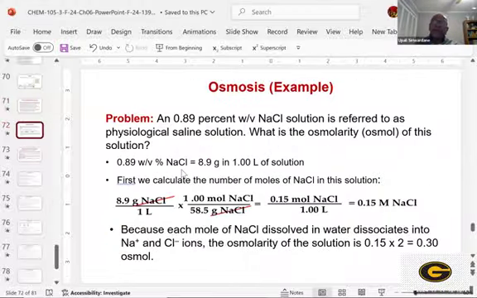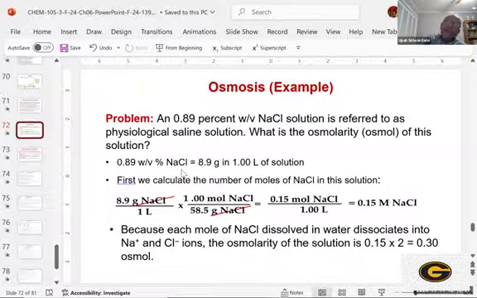If you look at the slide here, normally 0.89% weight by volume sodium chloride is the concentration of sodium chloride used as a physiological solution, saline solution.